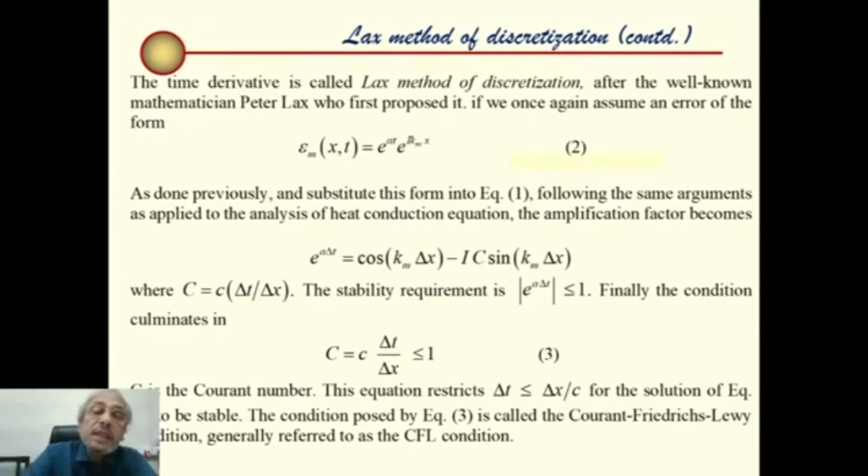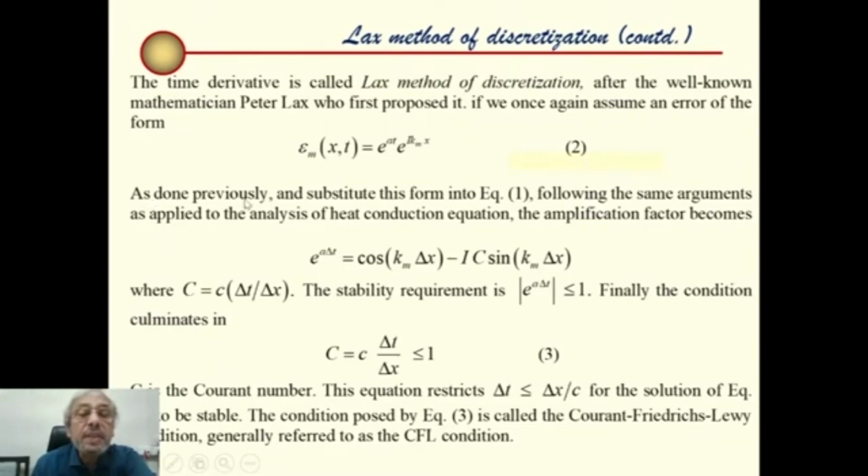Once again, having done that, we define our error at any arbitrary element m. As you know, it is a Fourier series. Any arbitrary element of the Fourier series has been taken, which is epsilon_m equal to e^{at} e^{i k_m x}.